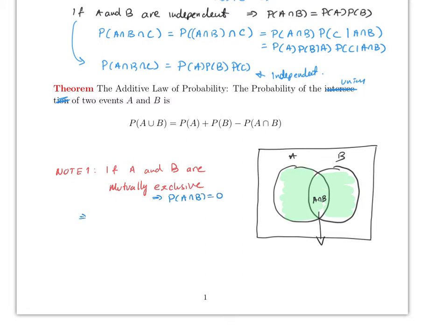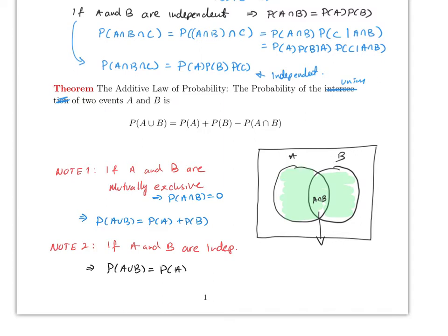So therefore, the formula for the union is just the probability of A plus the probability of B. And note two, if A and B are independent, then the probability of the union would change to this. You can change the intersection to the probability of A times the probability of B.